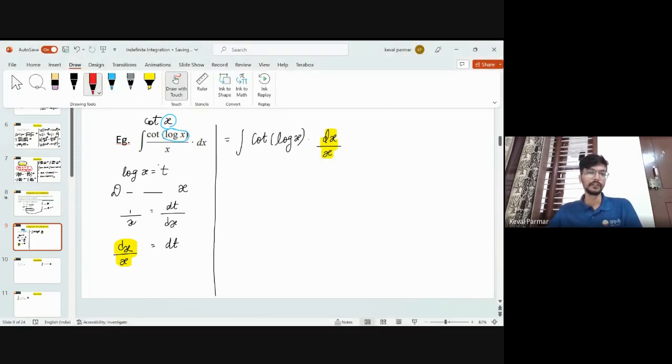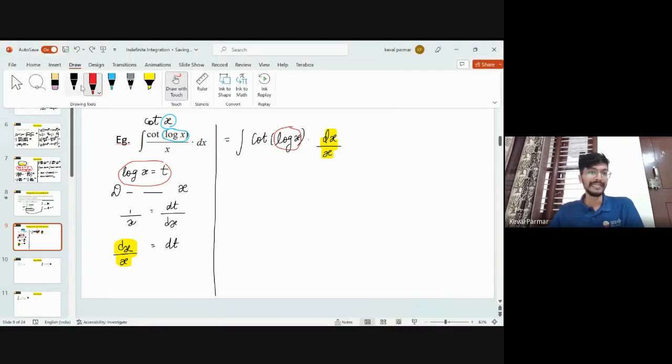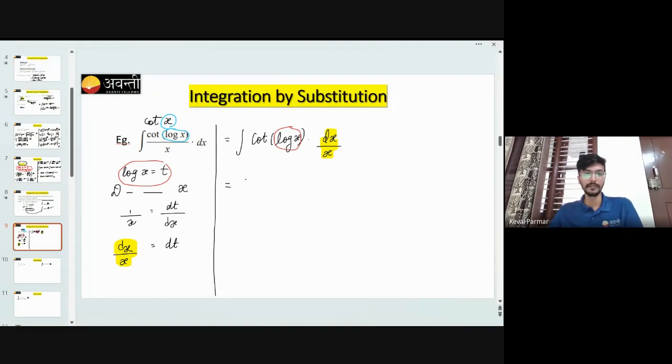And in place of log x, I can write t, simple. So my integral will be converted into integration of cot t into dt.